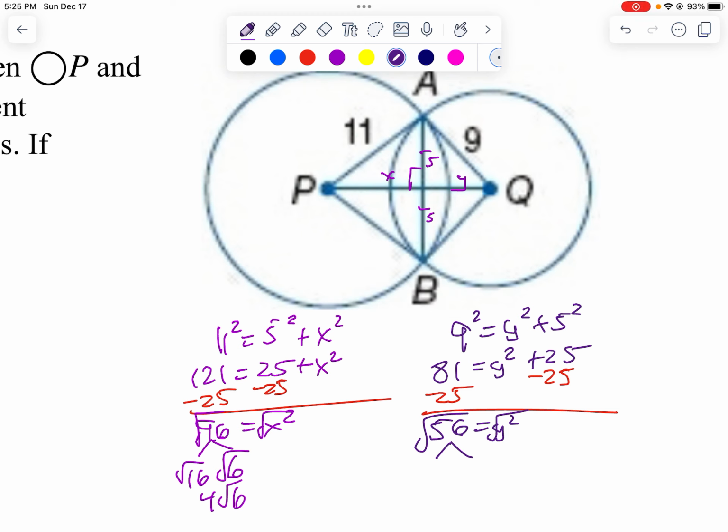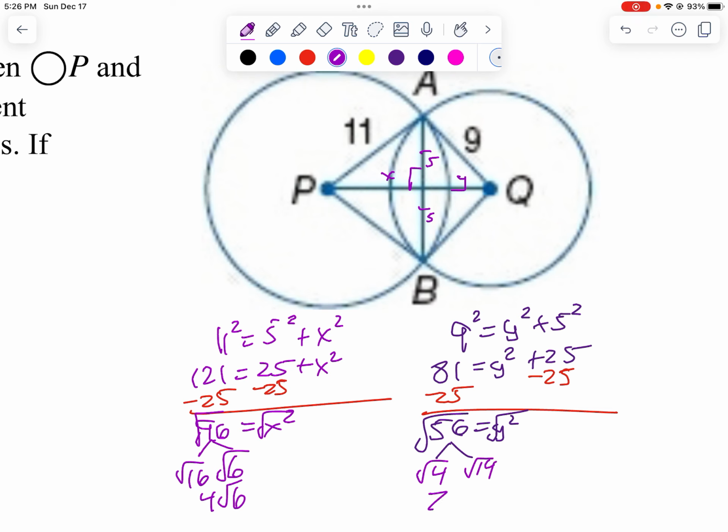And let me see. Does 16 go into 56? No, it doesn't. Okay, how about 4? Let's make it simple. 56 divided by 2 is 28, divided by 2 is 14.